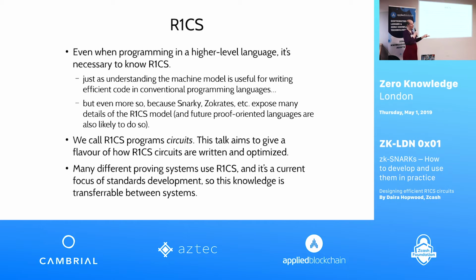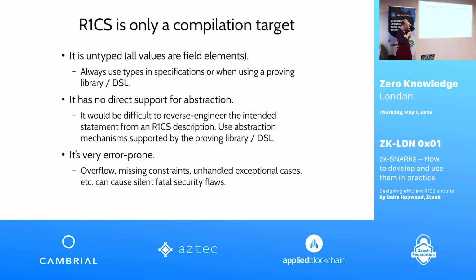Some new systems like Sonic, they all use R1CS, or close variants of it. So you should think of this as a compilation target, and eventually we're going to have the tools needed to write all of our statements in higher level languages. But this is still going to be useful to understand the lower layer.